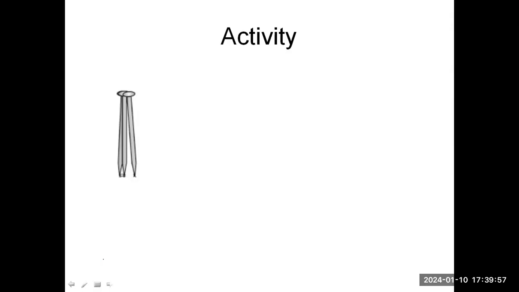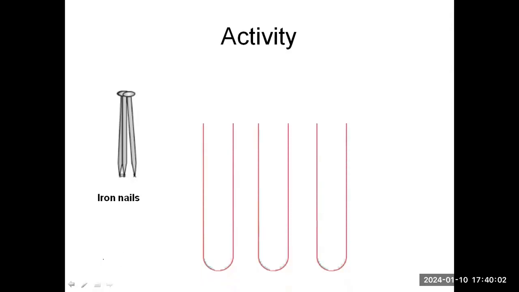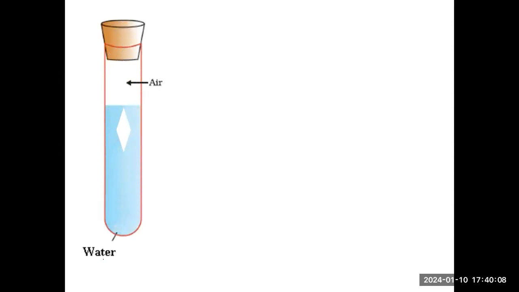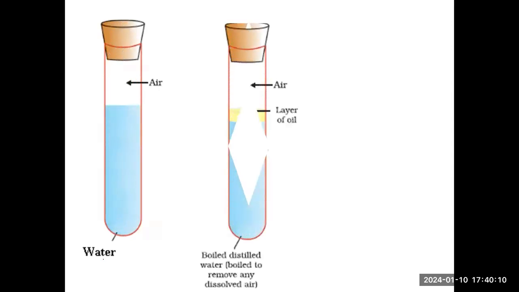There is an activity given in your textbook. It says that you have to take some iron nails and 3 test tubes. In the first one, you have taken water. In the second one, you have taken boiled distilled water with a layer of oil on it.